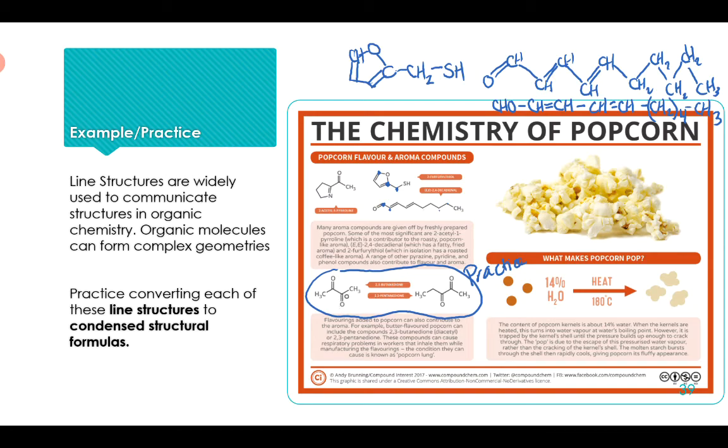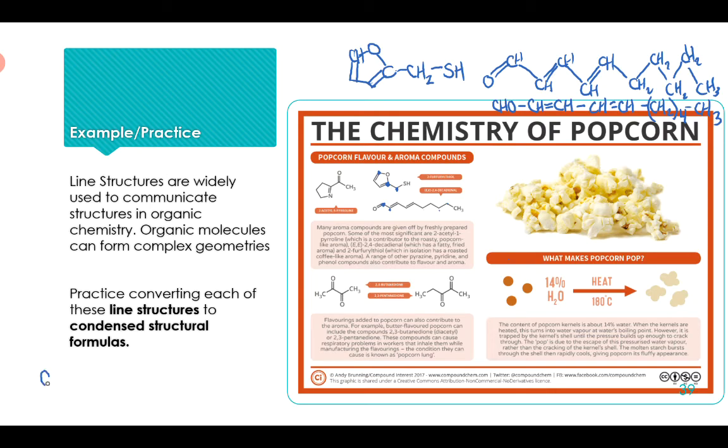Now pause the video and try to draw the condensed structural formula for these molecules. Okay.